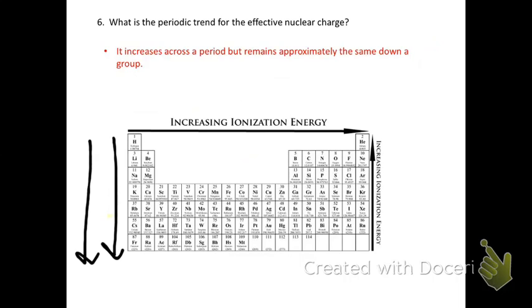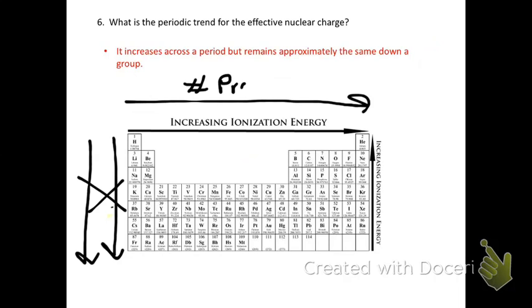Because the protons increase and the shielding effect increases, they cancel out each other, and therefore the effective nuclear charge remains about the same. But as you move across the periodic table, the number of protons increases, but the shielding effect remains approximately the same. So the shielding effect has no bearing on the effective nuclear charge, really, and the effective nuclear charge is going to increase with the increasing number of protons across the periodic table.